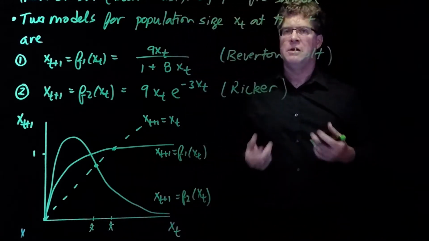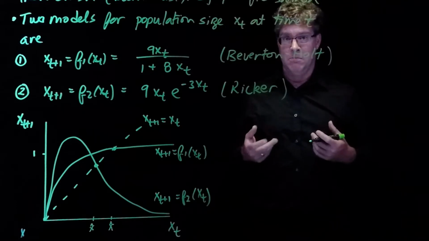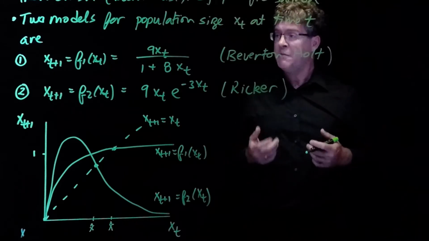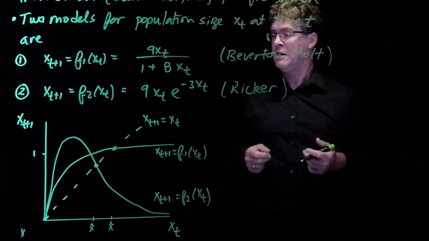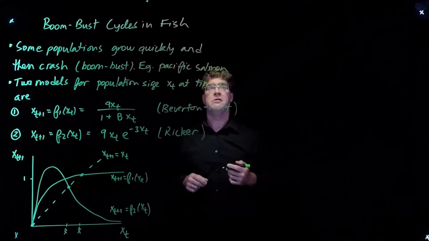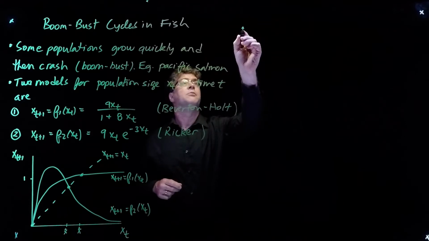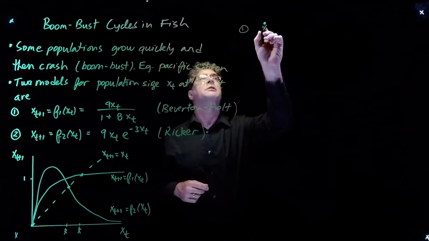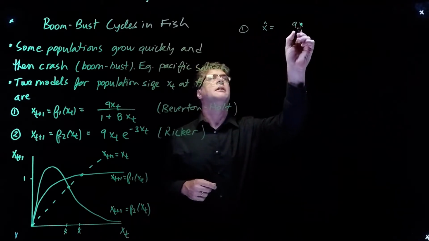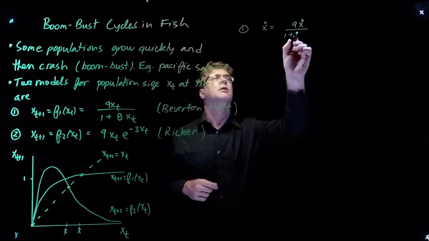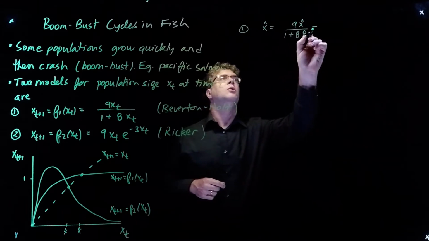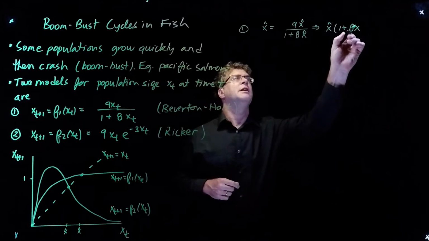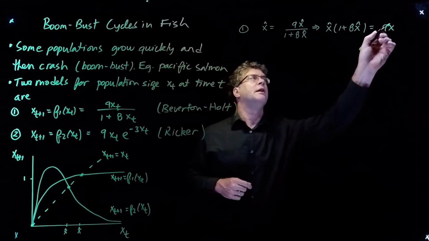So let's think about the stability of these equilibria and see if we can use our understanding of the stability to understand the fish population itself. The first thing we want to do is calculate the values for the equilibrium. We'll start with Beverton-Holt. An equilibrium satisfies the equation x hat equals 9x hat over 1 plus 8x hat. We can cross multiply to get x hat times (1 plus 8x hat) equals 9x hat.